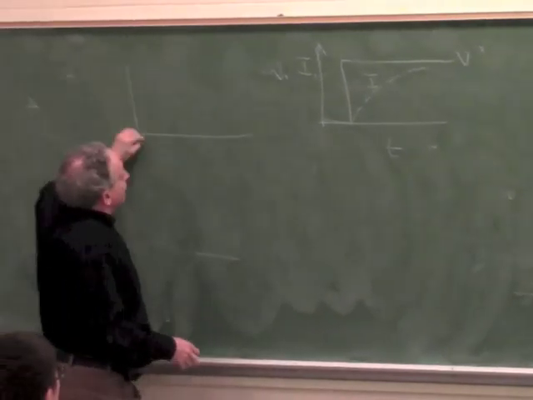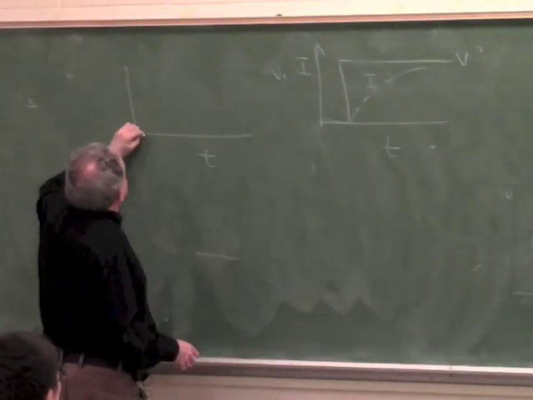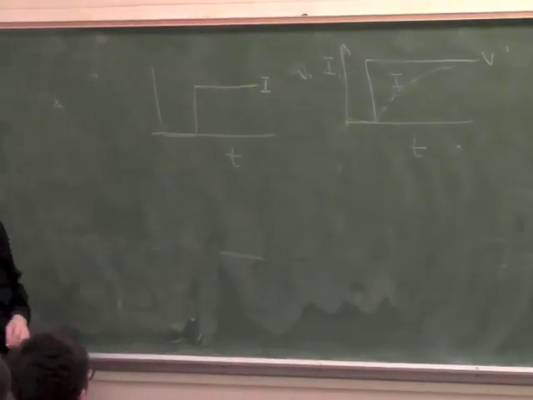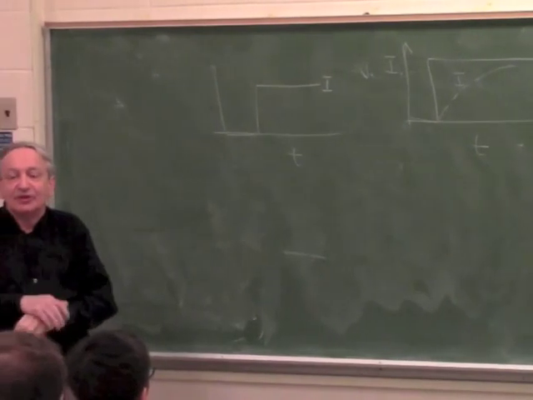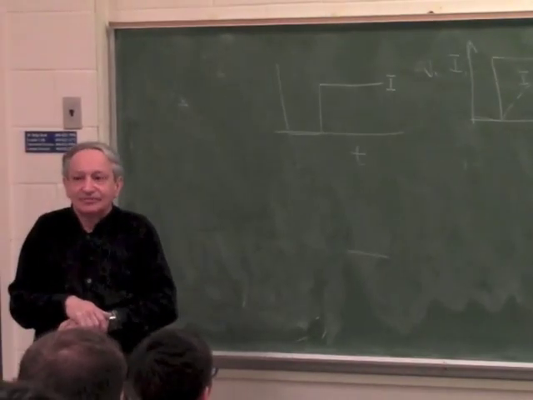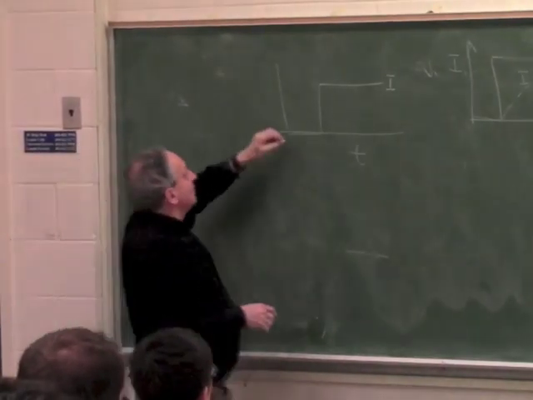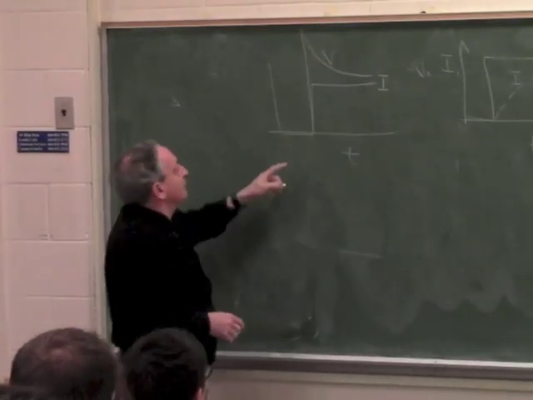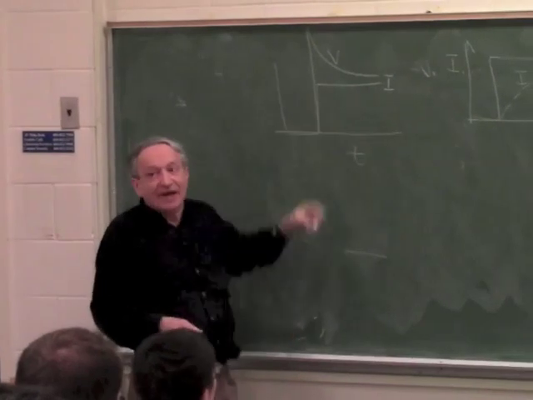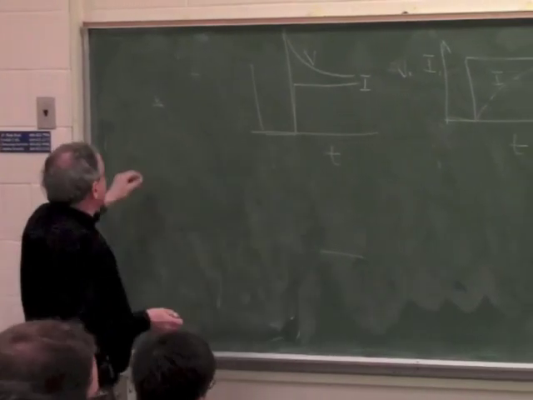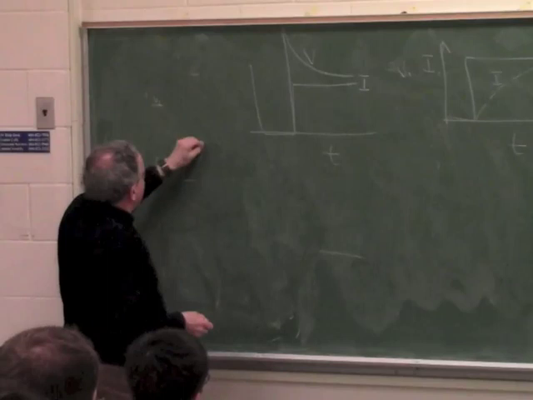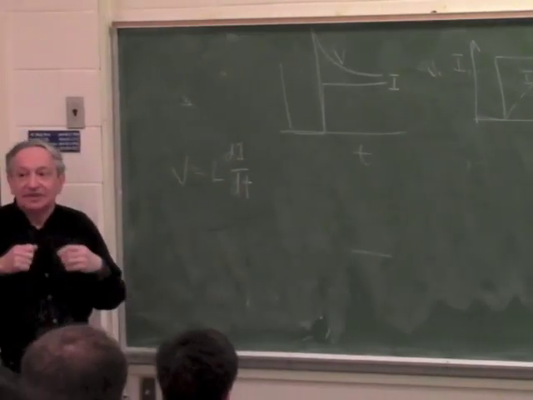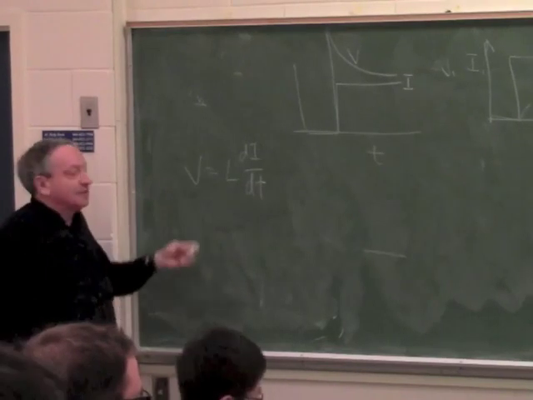You can force a constant current, so I jumps up right away, and then what will V look like? Theoretically, it will have to go to infinity and come down. Because if you want to change the current from 0 to I, the voltage you need is L di/dt, and if you want to change di/dt instantly, you need an infinite voltage.